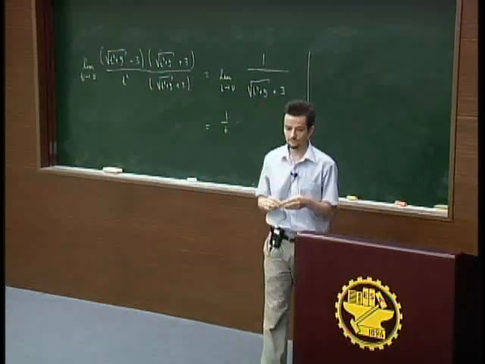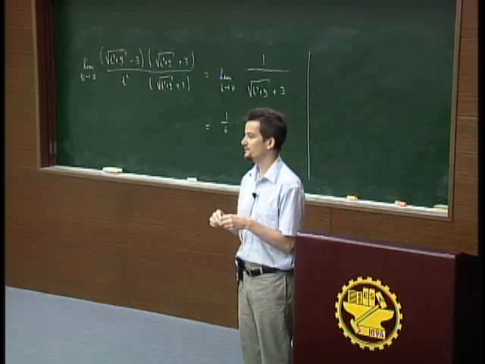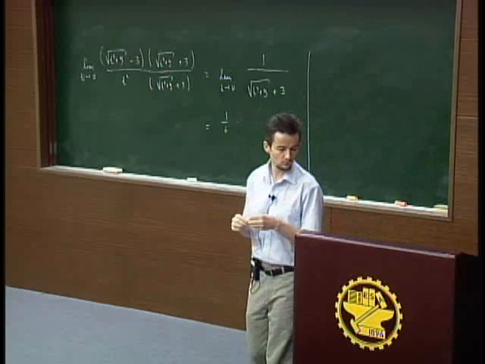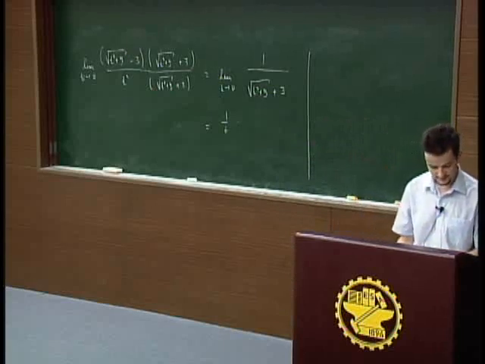Okay, now we have already seen that a very convenient tool for proving that limits do not exist are right and left-hand limits.